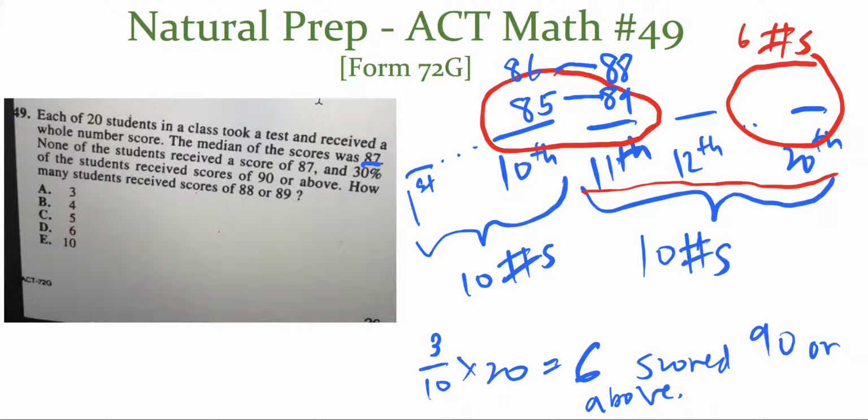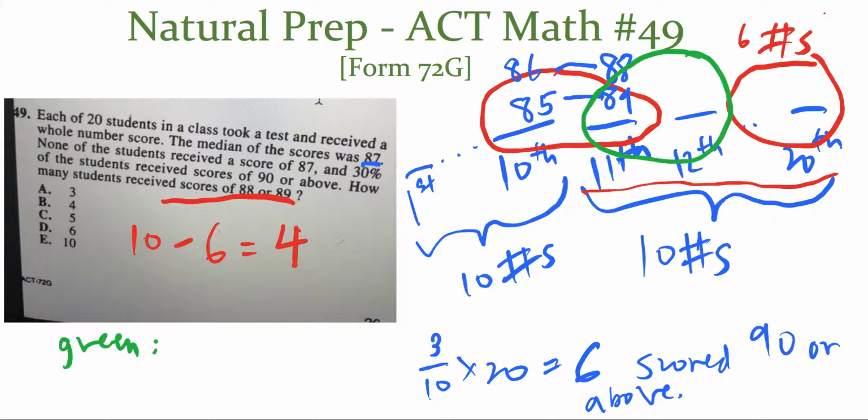And our question is, how many students received scores of 88 or 89? And so we're going to have 6 numbers that are 90 or above, and then the number of students that received 88 or 89 has to be 10 minus 6, which is equal to 4, because the other 4 numbers are going to come from here, in green.